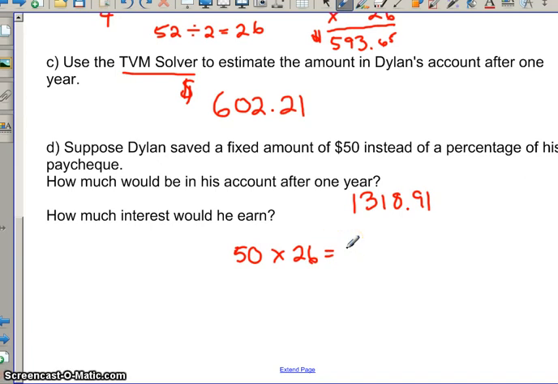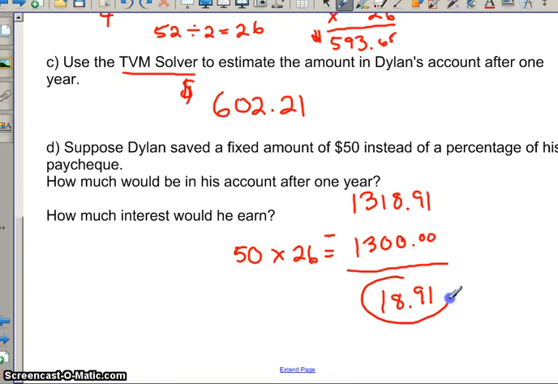And when we multiply 50 by 26, we get the number 1,300. So from his paychecks, he's put in $1,300 if he decides to save $50 each paycheck. We can subtract these two amounts, and we end up with the number $18.91. And so that extra $18.91 must be from interest.